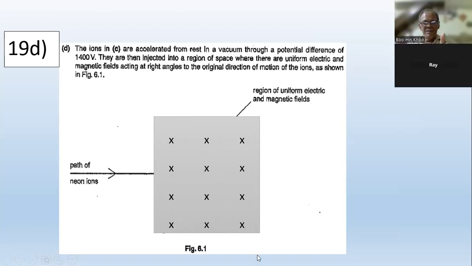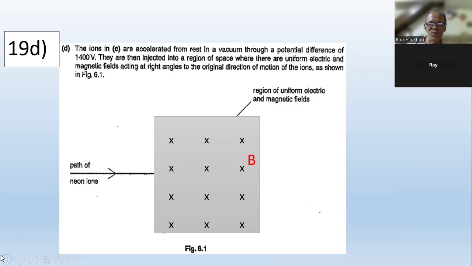Looks like upwards. And where's the electric field? You want the velocity selector, so the electric field can be on the right hand side.